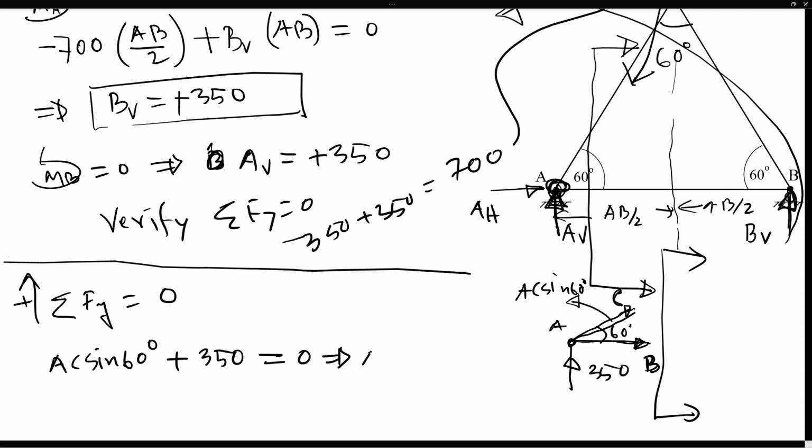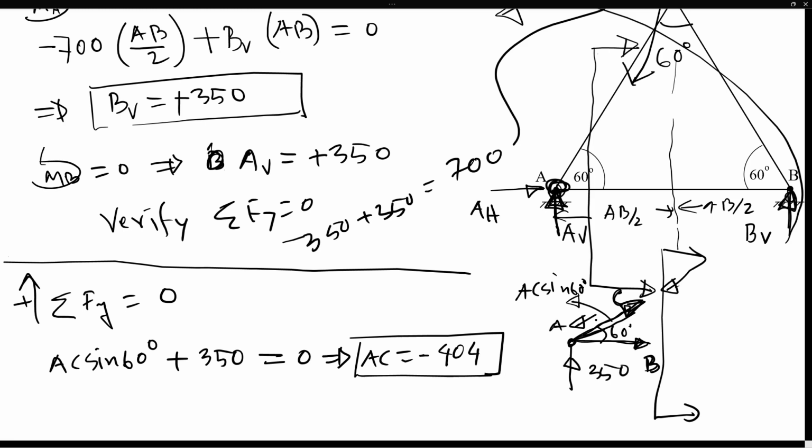So therefore AC would be, I calculated, minus 404 pounds. So this is negative, meaning that the direction we assumed, upward direction, is not the actual direction of the force. So it is actually acting to A, not away from A.